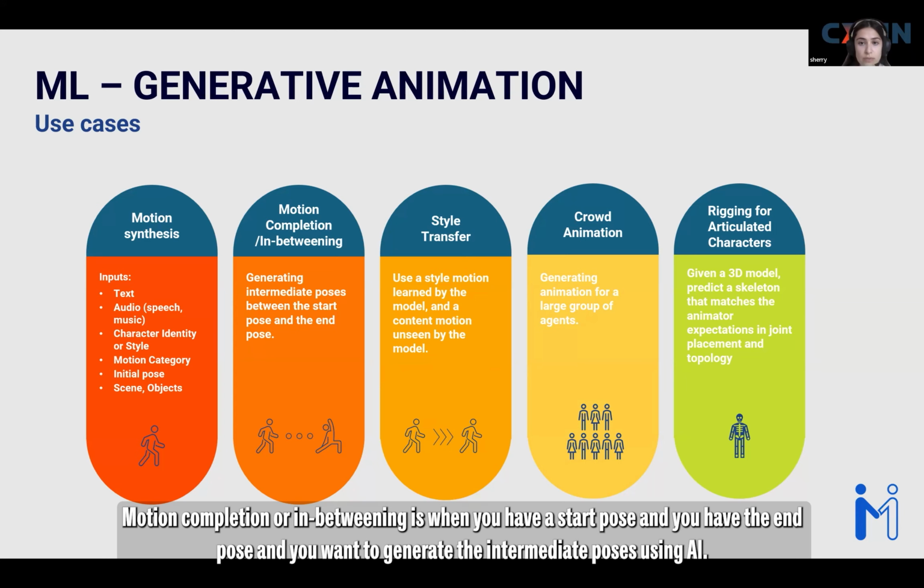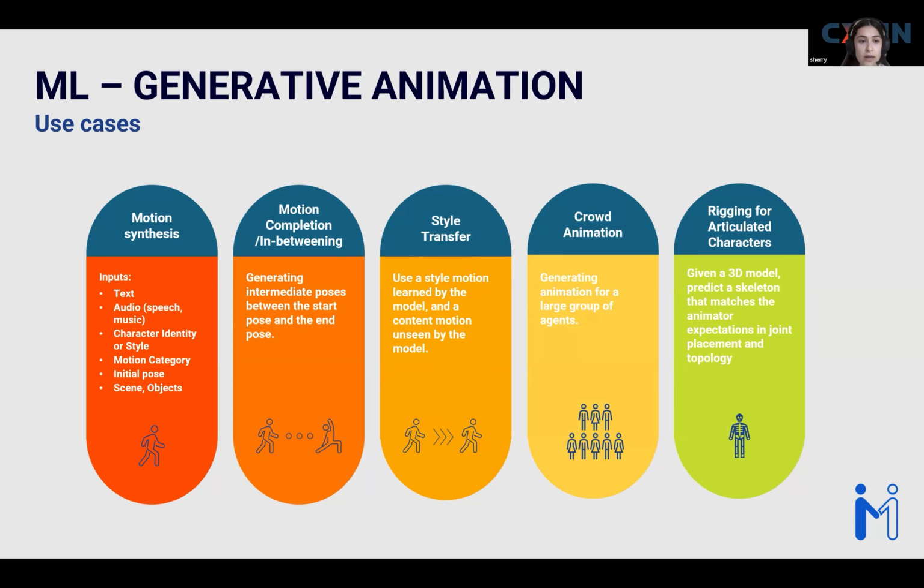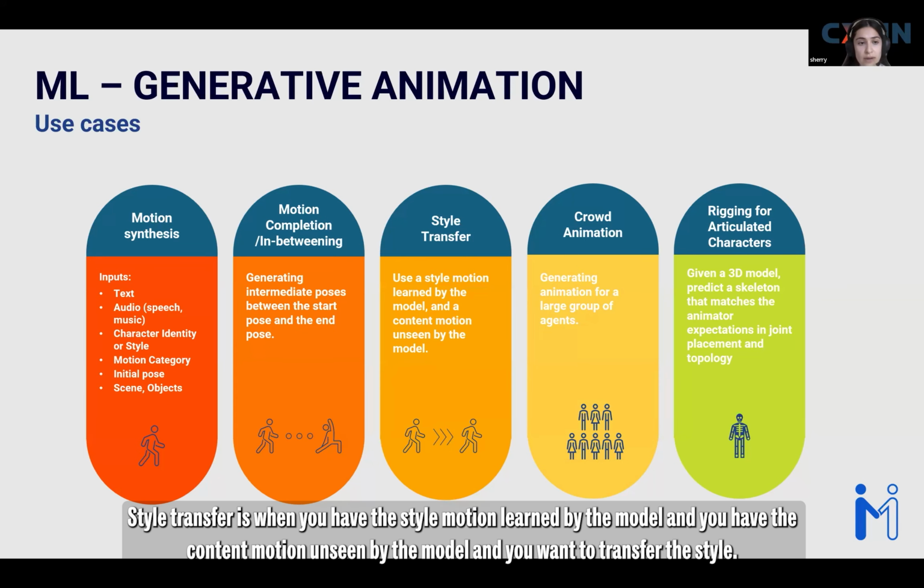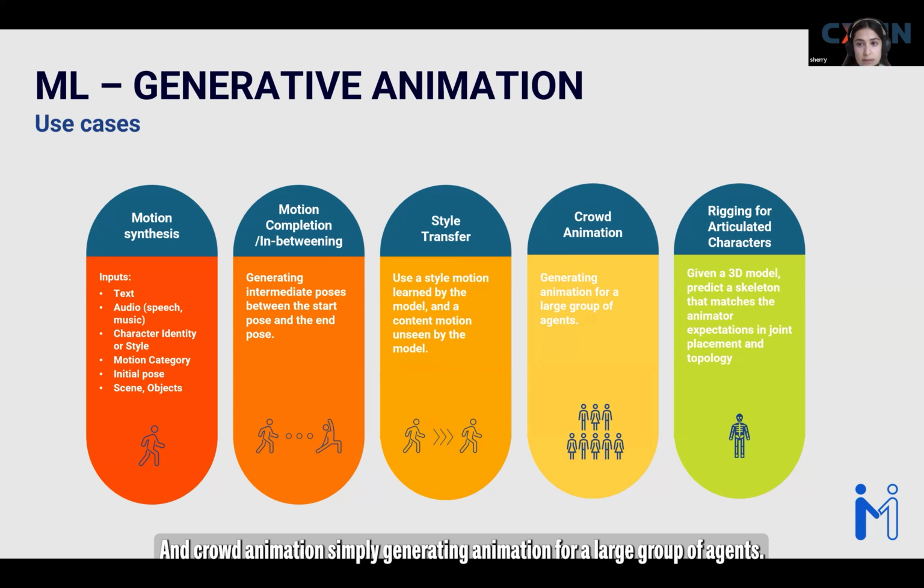Motion completion or in-betweening is when you have a start pose and you have the end pose and you want to generate the intermediate poses using AI. Style transfer is when you have the style motion learned by the model and you have the content motion unseen by the model and you want to transfer the style. And crowd animation, simply generating animation for a large group of agents.